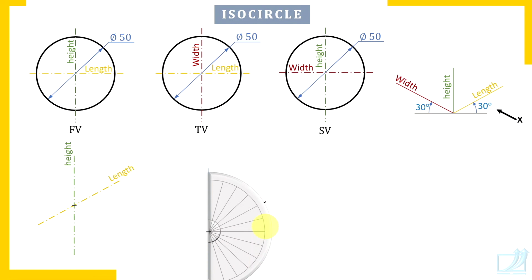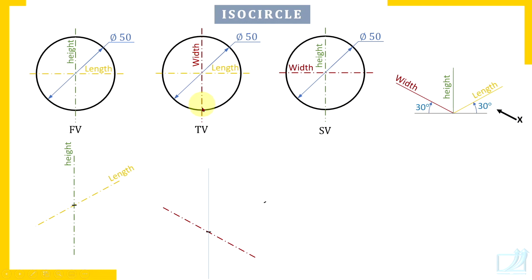So set the protractor in this manner and measure 60 degrees for the length axis, and check here, for the width axis you should measure 120 degrees. So from this vertical reference point, from 0 to 120 degrees you should measure, and this is how you can draw the width axis, that is this axis.